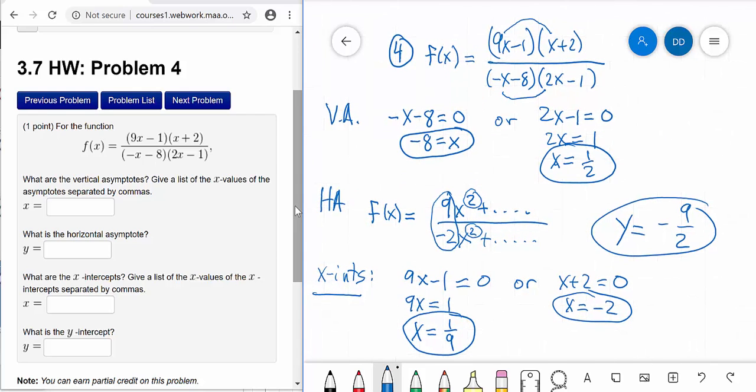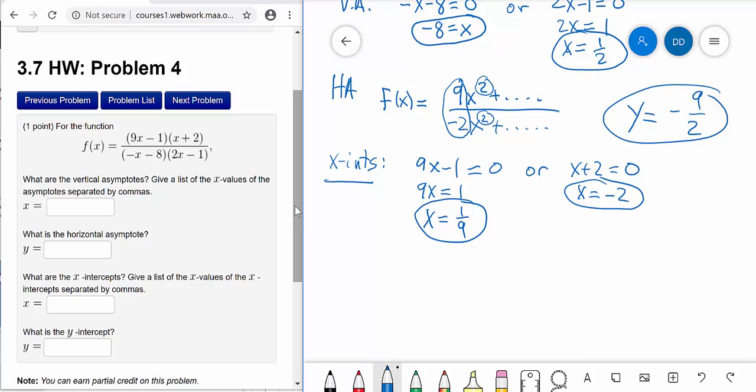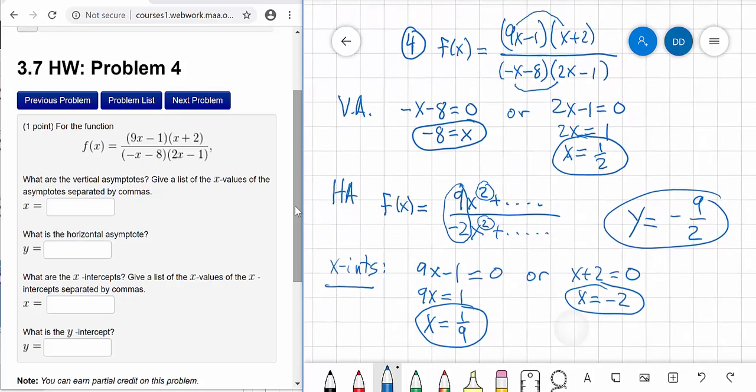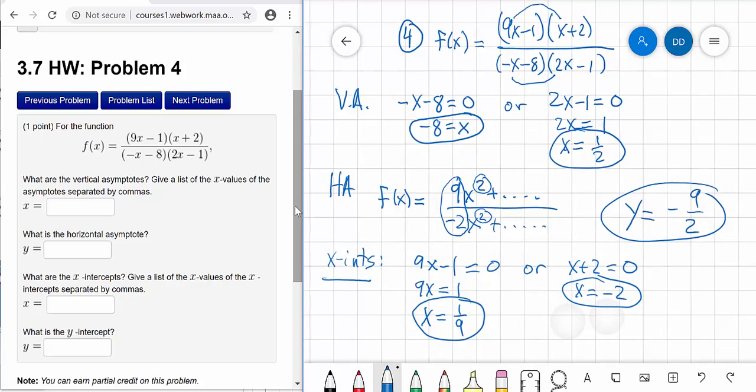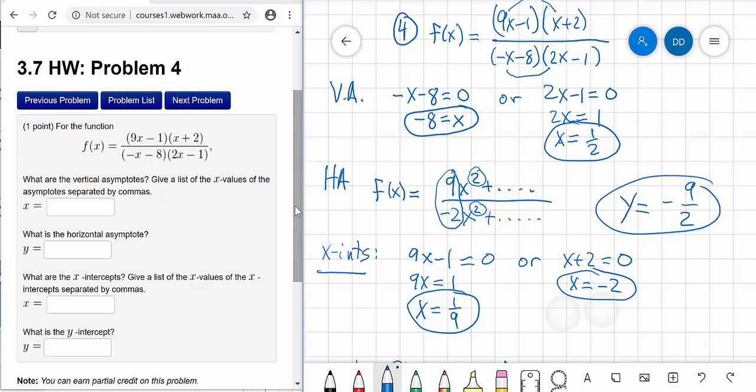Now the y-intercept will occur when the value of x is 0. So if I want to find the y-intercept, I would plug in 0 for x. So f of 0, well, in this expression, the numerator is 9x minus 1, and so if we plug in 0 for x, you just get the constant terms from each of the factors.